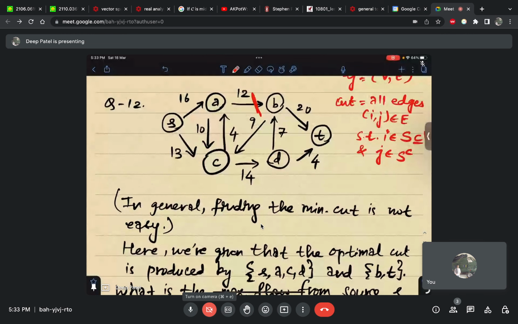And D and T, right? So you cut through 4 at the bottom. Then D and T you want to disconnect, so you cut through 7.